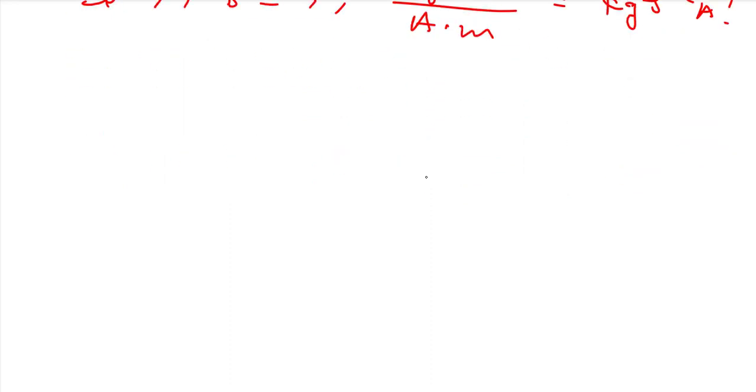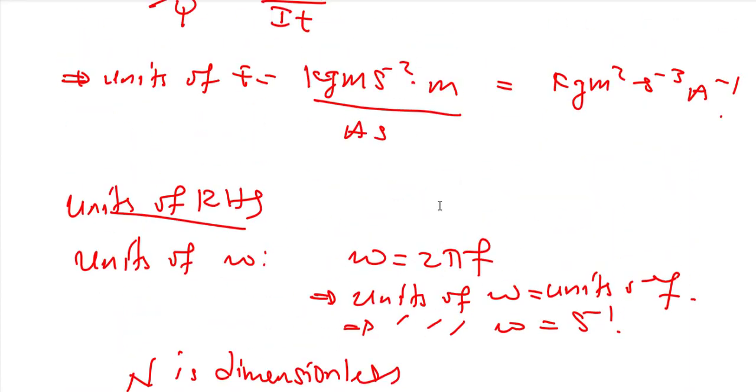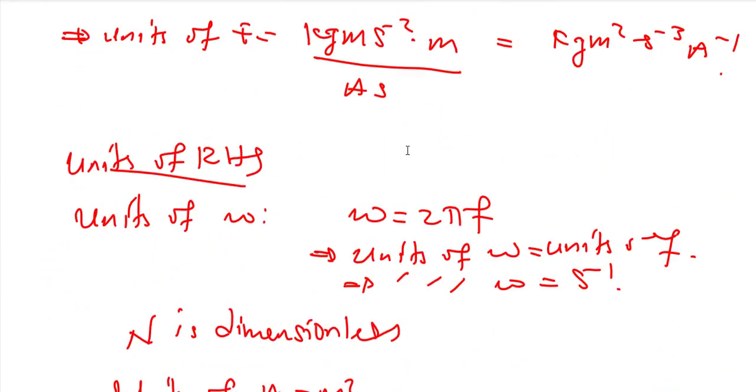Now the sine omega t is unitless. Trig functions, log functions and exponential functions are unitless. It's clear because the unit of omega is per second times the unit of time, which is a second, so it's unitless. Then we compose our units to see if it gives the unit of the left hand side.